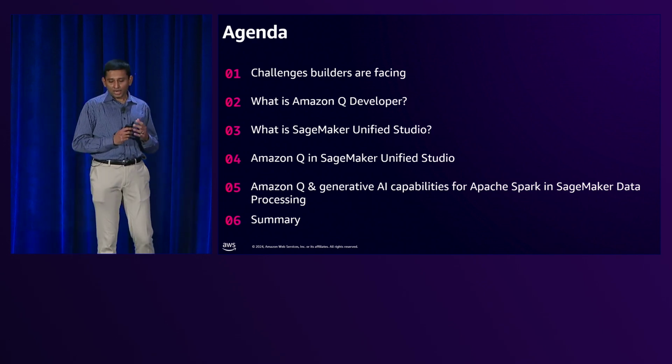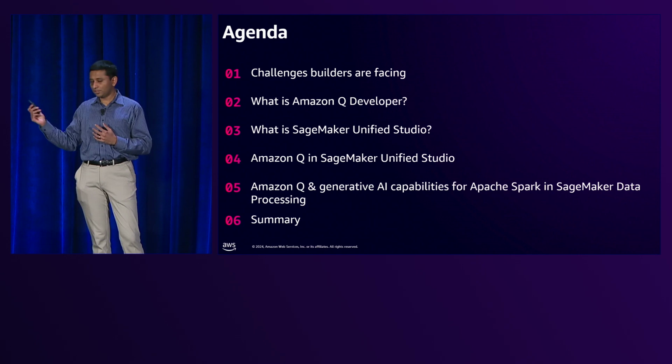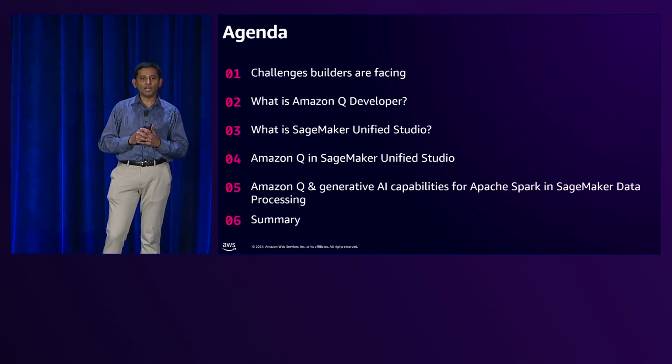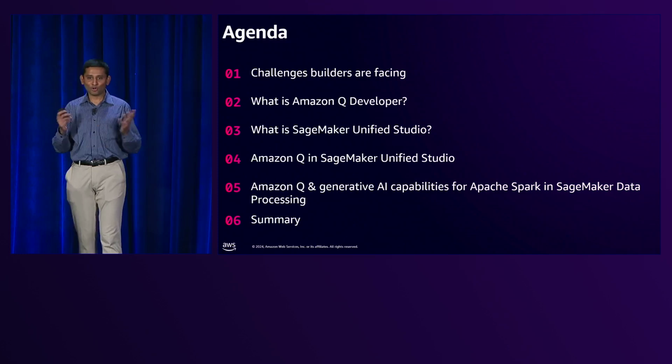We will then dive into Amazon Q in SageMaker Unified Studio. And then I'll hand it over to Mohit Saxena, who will talk about Amazon Q and generative AI capabilities for Apache Spark in SageMaker data processing. We'll also have some demos along the way, and I hope you're all excited.